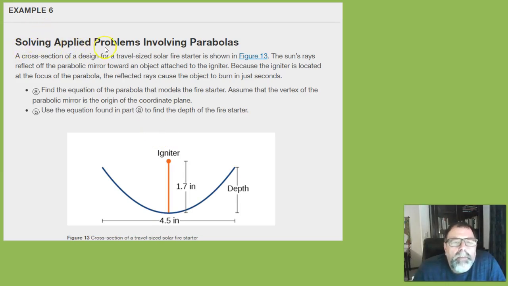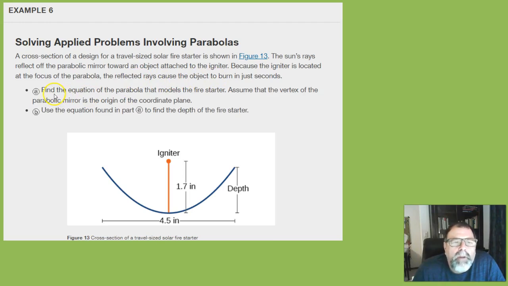Example 6, solving applied problems involving parabolas. A cross-section of a design for a travel-sized solar fire starter is shown in figure 13. The sun's rays reflect off the parabolic mirror toward an object attached to the igniter. Because the igniter is located at the focus of the parabola, the reflected rays cause the object to burn in just seconds.